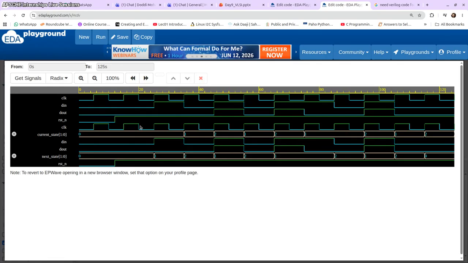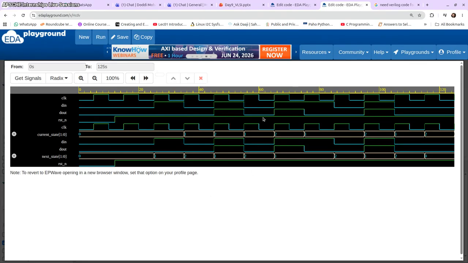Okay, so these are things you can go and analyze, so you will have a good idea. Hope you guys got something. I'm not going to end the finite state machine over here. Tomorrow we will analyze the 101 sequence with all 4 types.